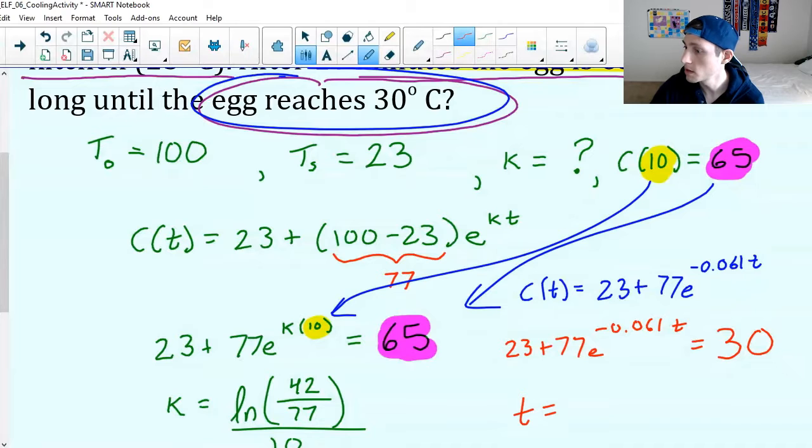And we would get, so let's do 30 minus 23, 7, divided by 77, natural log, divide by negative 0.061.